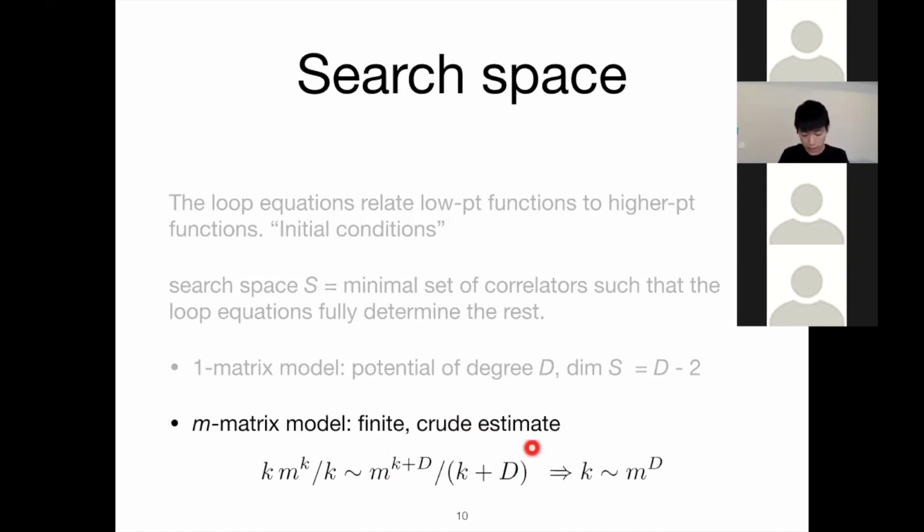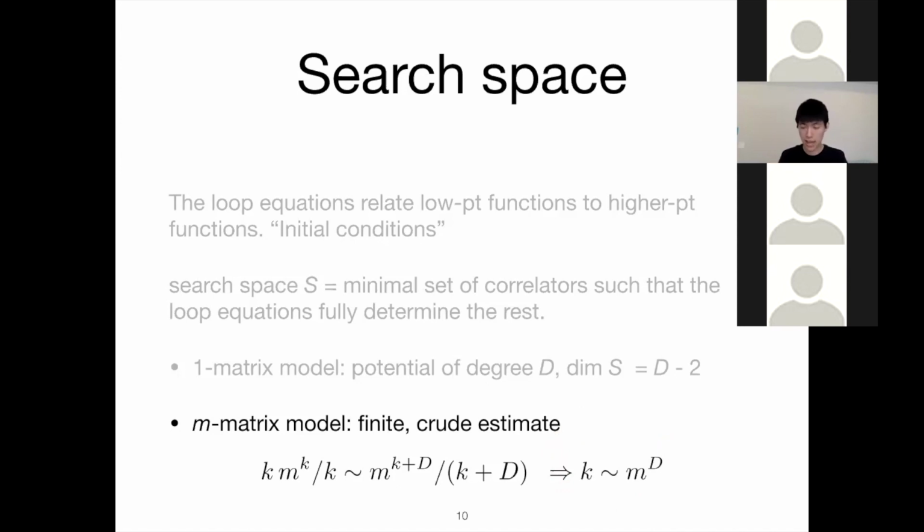On the other hand, the number of variables that we introduce when we relate lower point functions to higher point functions is m to the k plus d over k plus d, right? Where d is the degree of the polynomial that we are interested in. So in general, this tells us that if you make k large enough, you will have enough constraints, roughly, at least just from the parameter counting, so that you expect to be able to solve for all the correlation functions.